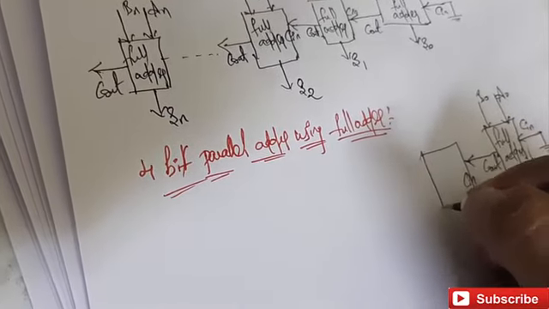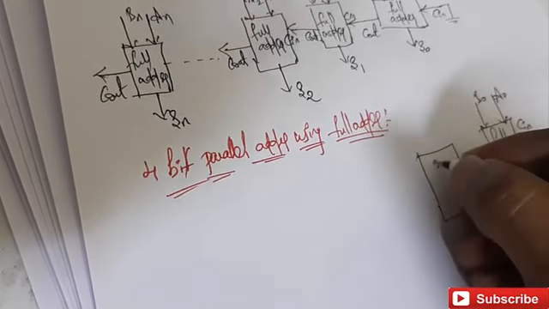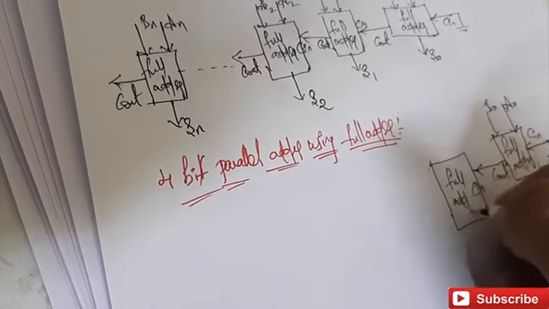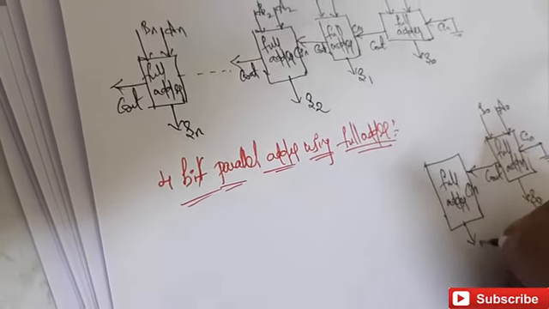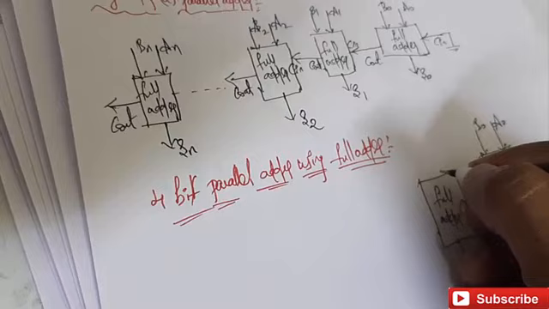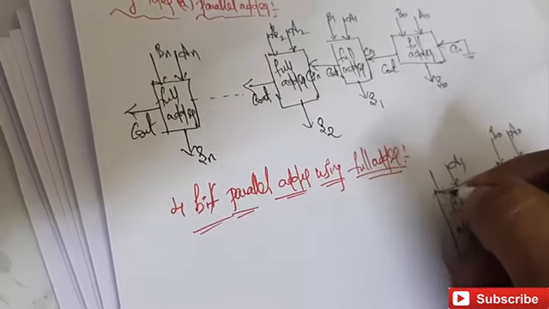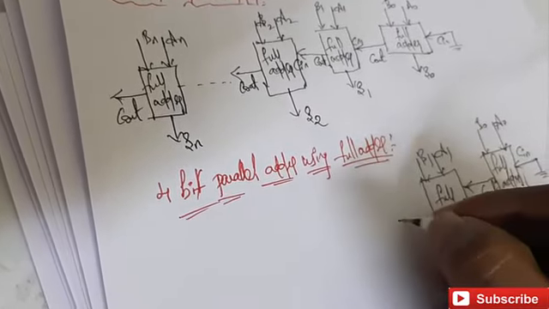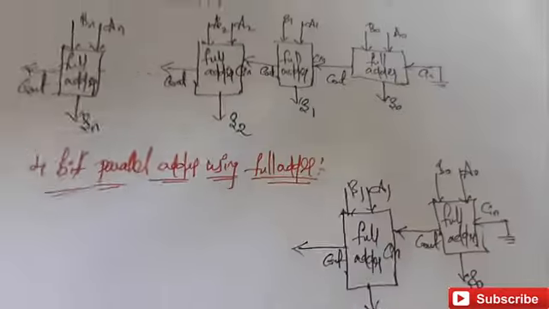Next, this will become the full adder, and here this will be the S1, this will be A1 and B1, and here this will be the C output. This will be given as input to the next adder.